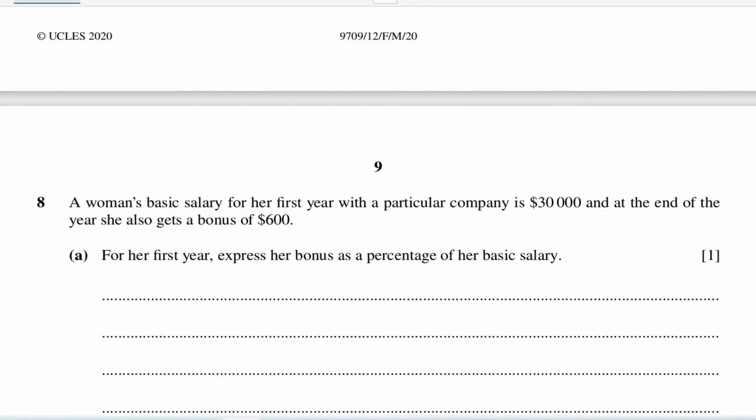Her salary is 30,000. Out of 30,600 she gets a bonus. So 600 over 30,000. So to calculate percentage, multiply by 100, which is equal to 2%.